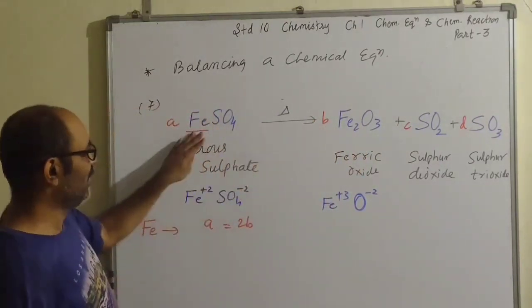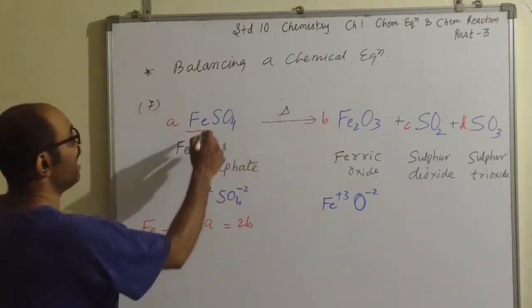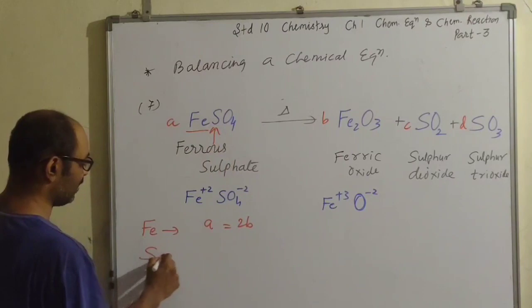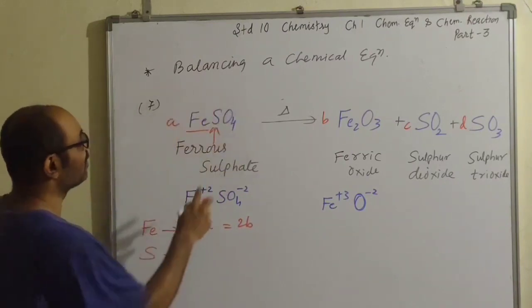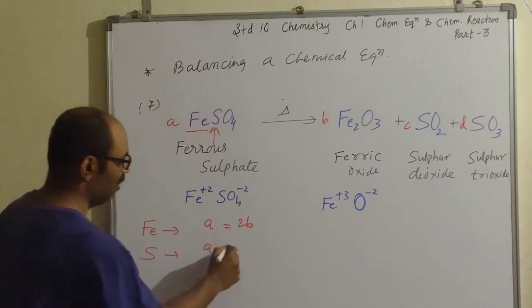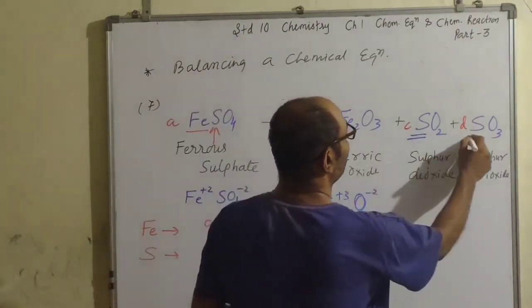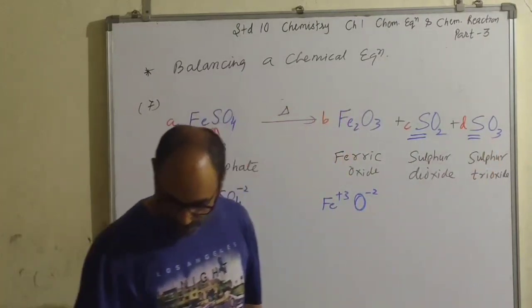Only in one formula iron is there, here also in just one formula. Next sulfur, S. Only one formula is there on the left hand side, 1 into A atoms of sulfur. Here sulfur is present in 2 of these formulas.